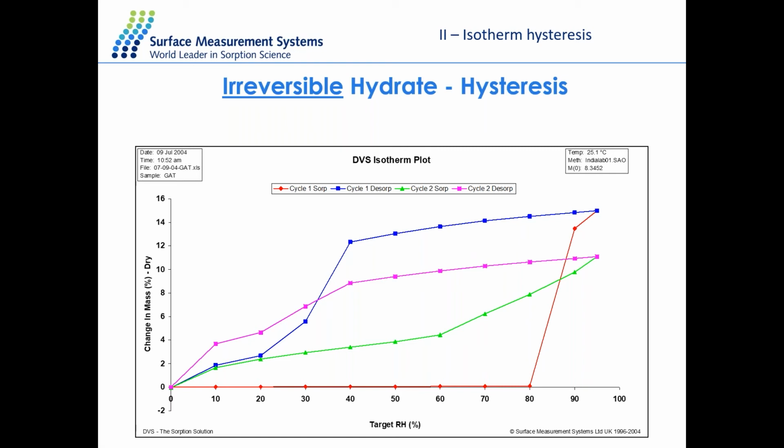So I can see here that if I want to maintain an anhydrous form of this material, I will have to store the material below 70% relative humidity. If I go over 70% relative humidity, then it goes to the hydrate form.